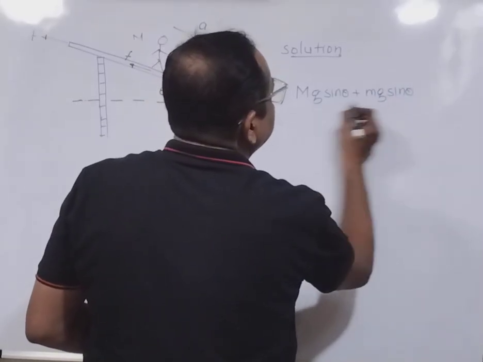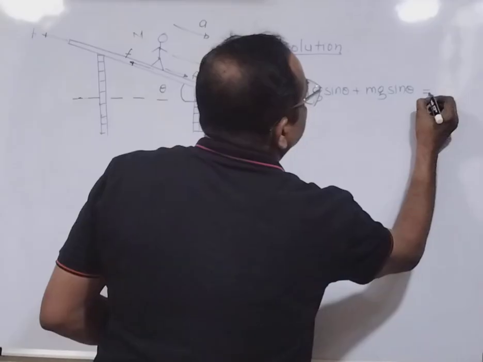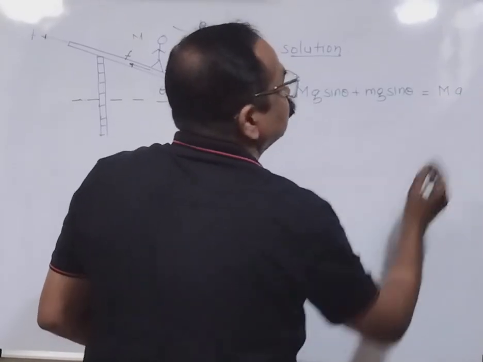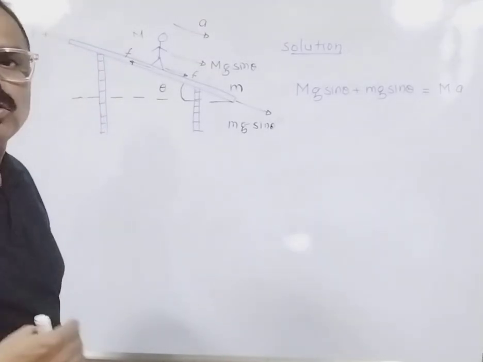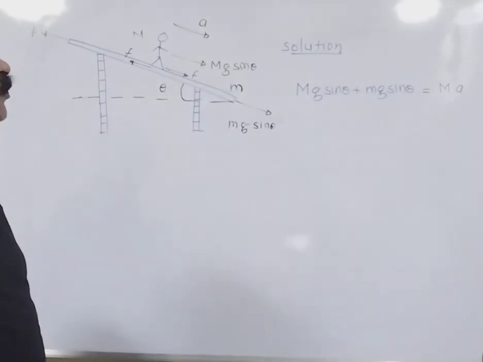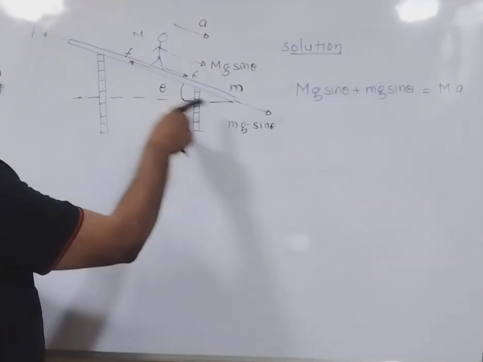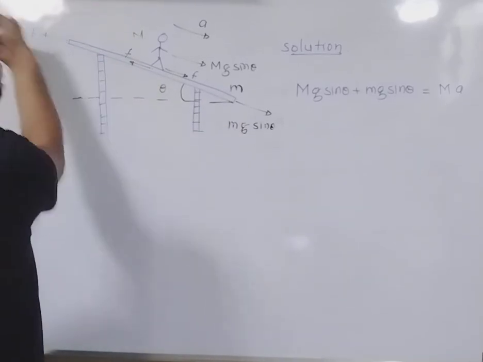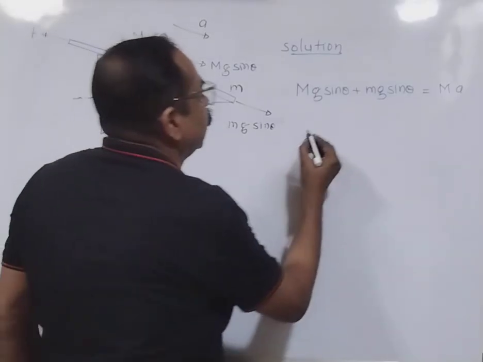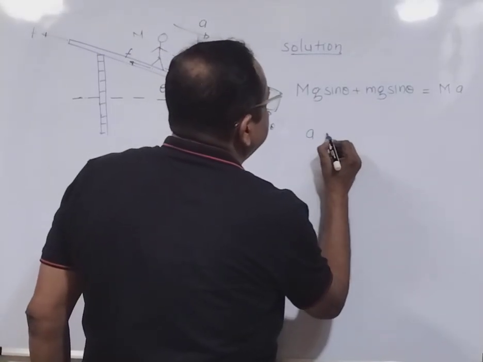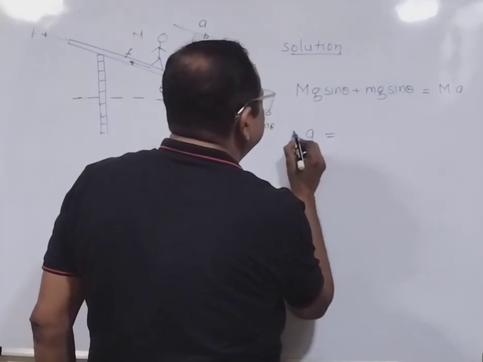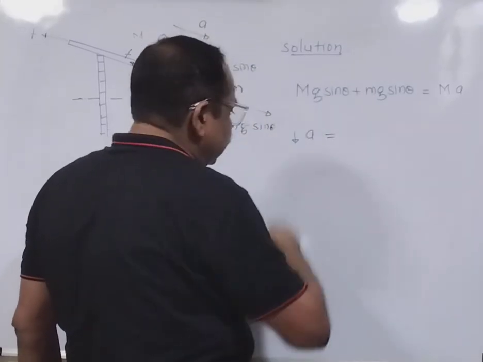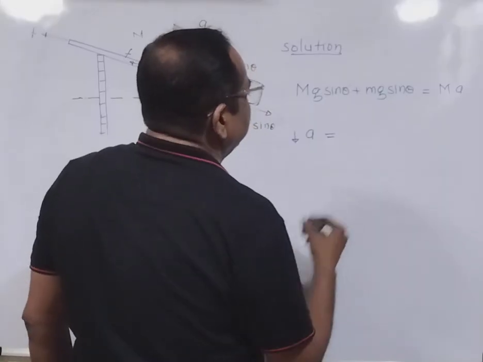This is due to the man and due to the plank, in the downward direction, which is equal to the mass of the man times the acceleration of the man in the downward direction, to prevent the plank from moving or slipping downward. Because the frictional force needed to nullify mg sin theta has to be in the upward direction on the plank, the acceleration of the man should be in the downward direction. I will indicate it by a down arrow. It does not mean that it is directed vertically downward; it is along the downward direction of the plank.